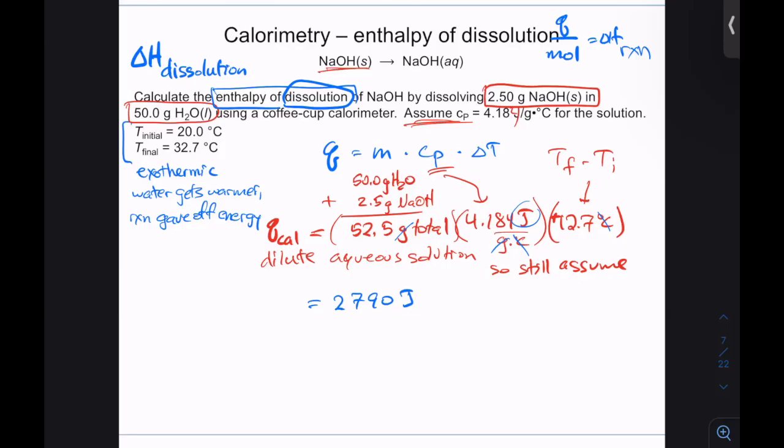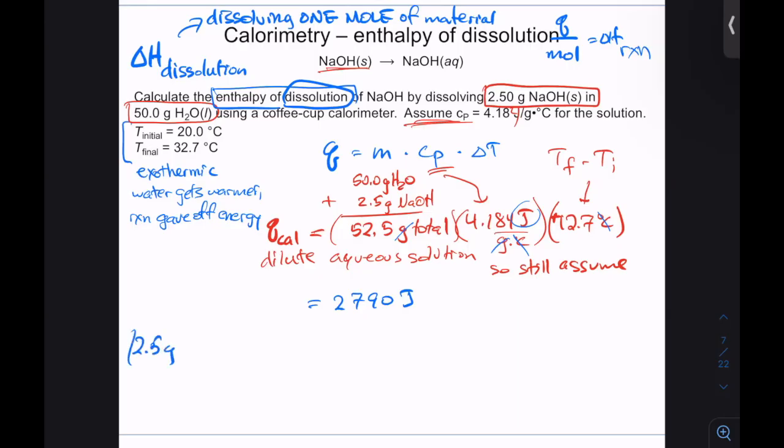Okay, so this is dissolving 1 mole of material. In this case, the material is NaOH. So we need to see how many moles of NaOH were actually dissolved here so we can calculate delta H of solution or dissolution. So we know how to do that. 2.5 grams.